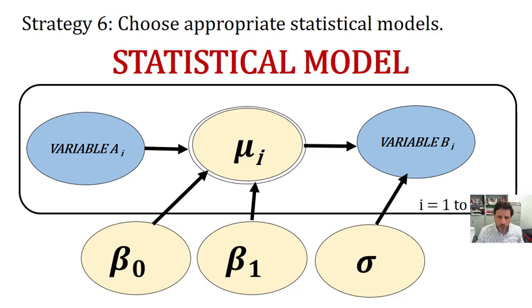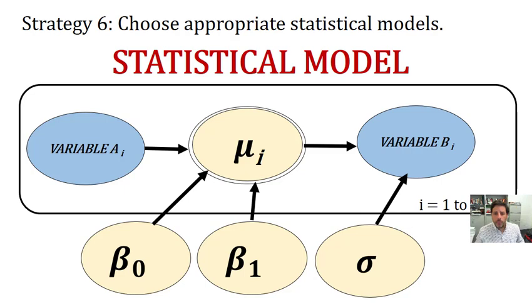For example, you will see a lot of studies that use a regression design or ANOVA, analysis of variance design, or a t-test design. These are the statistical models. They are not the models of things that are going on in the world.